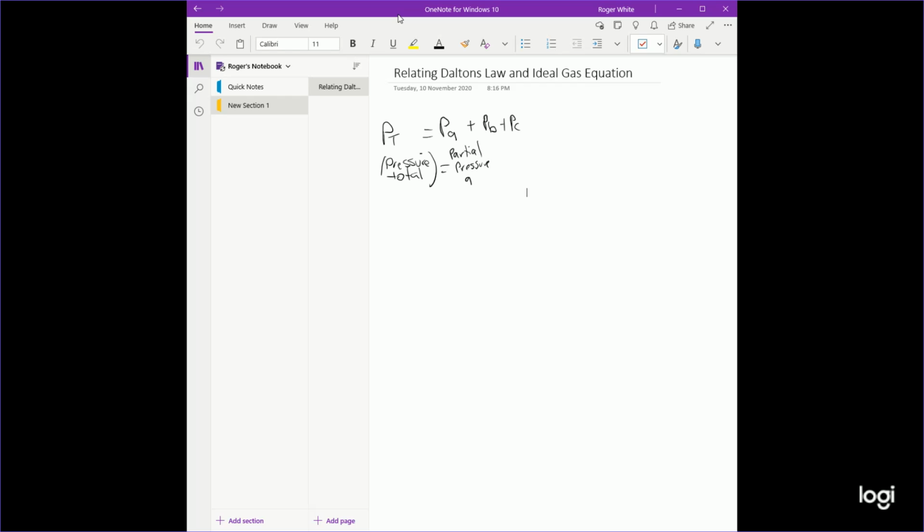If we were to put them all into one box, so say we've got one box here, we've chucked in pressure of A, so we express it in torr, maybe 200 torr, 300 torr. If we squeeze another object into there, there's going to be even less room.